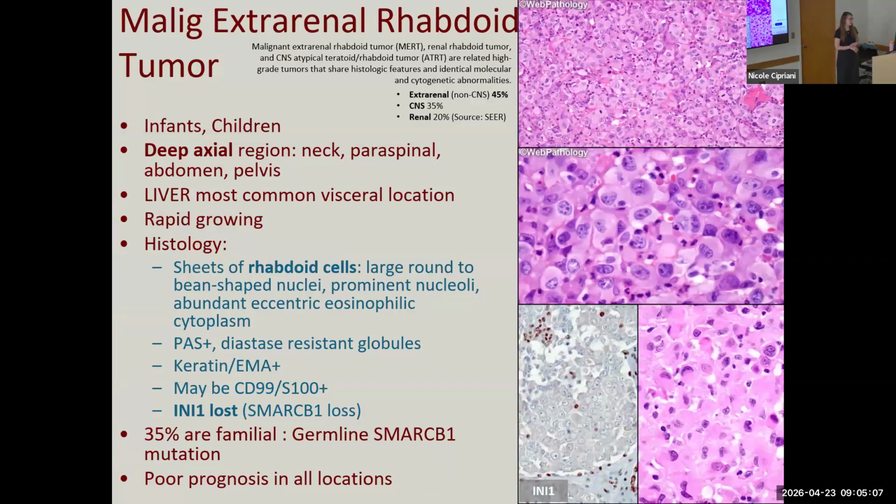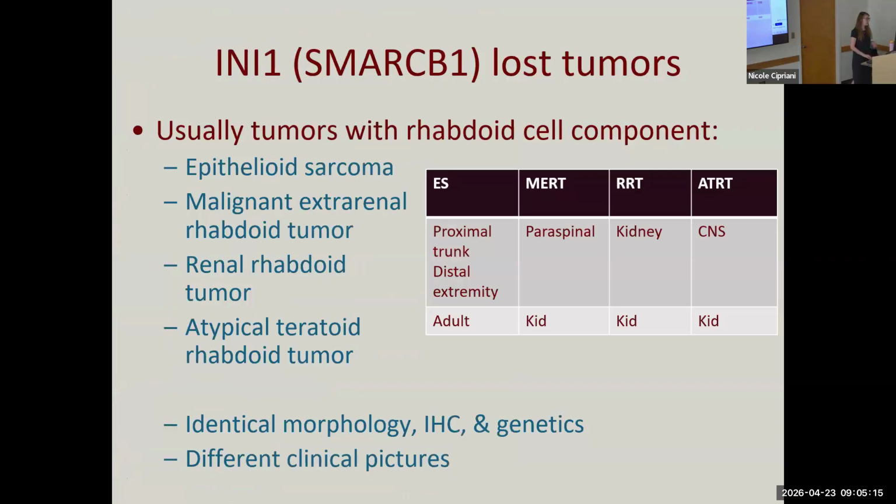Rhabdoid tumors. So I'm putting this next door because these are also keratin positive and INI1 lost, right? So kind of depending on the location, right? You have epithelioid sarcoma in the trunk or distal extremities of adults. You have malignant extrarenal rhabdoid tumor in the paraspinal region of kids. You have renal rhabdoid tumor in the kidney of kids. And you have atypical teratoid rhabdoid tumor in the CNS, usually of kids.